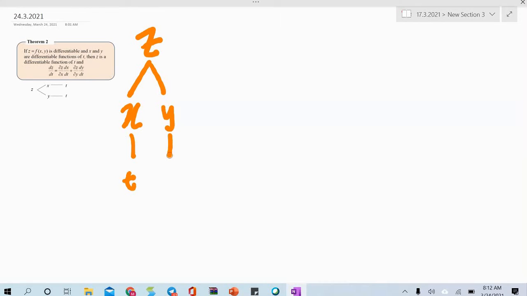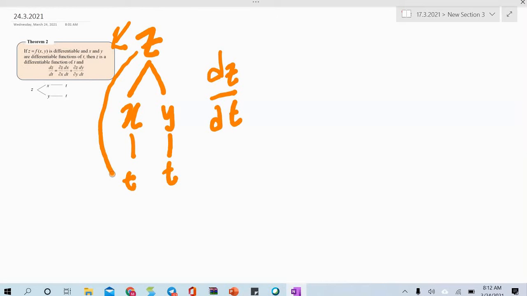Your x is also a function of t, as mentioned here. So to find dz/dt, why d? This is because the d is directly differentiating with respect to t. The z is differentiated to t, dz/dt, that also depends on t here. So we only have one independent variable at the end.